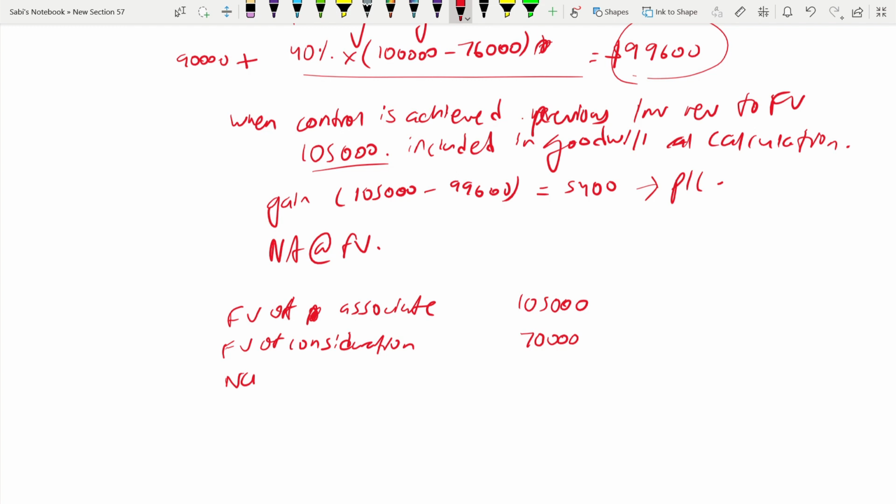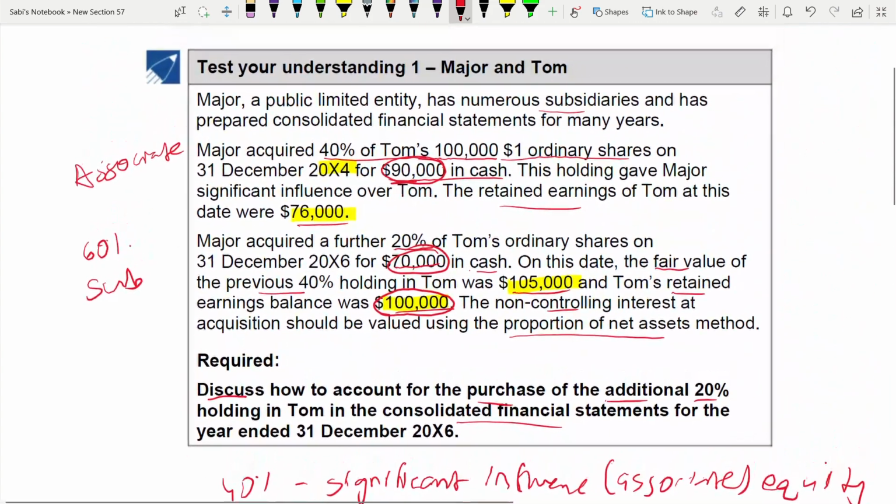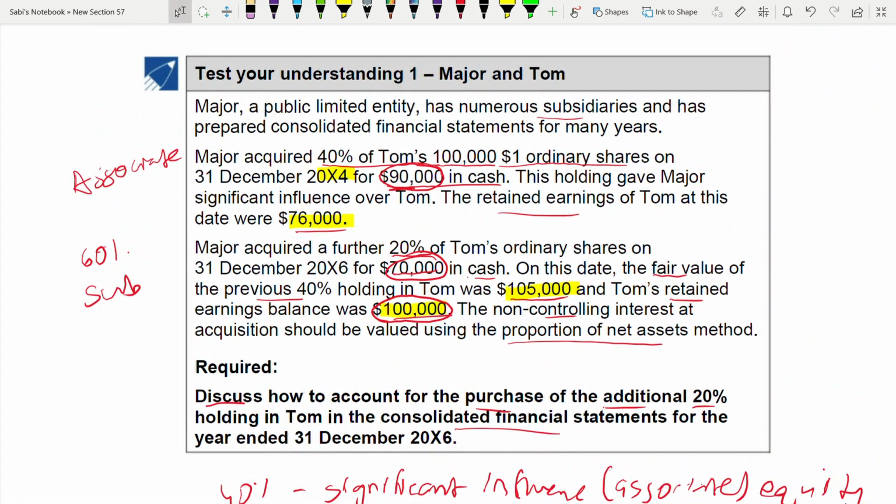Next we have to add NCI. So NCI, when you're taking the proportionate method, that means you have acquired 60%, NCI will be 40%. 40% of net asset. What is the net asset? See, net asset is 100,000. This is the share capital.